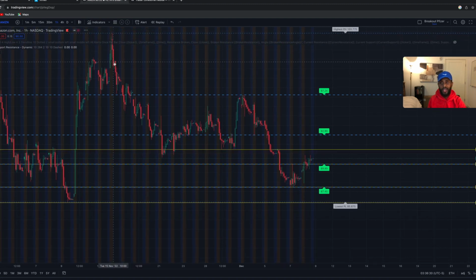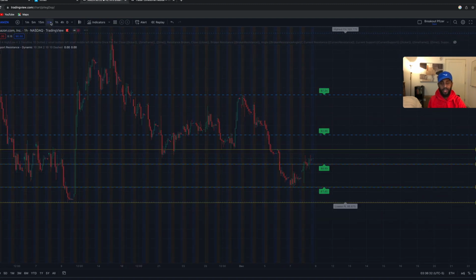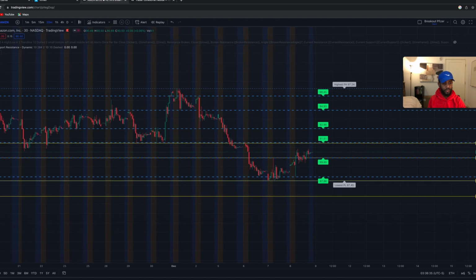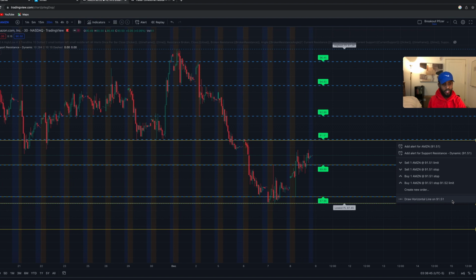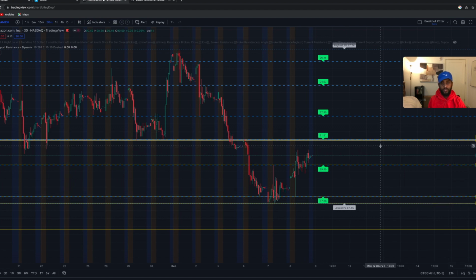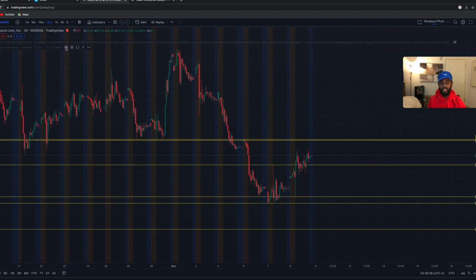And the lowest that I like to go to is my 30-minute time frame. And we'll chart some levels here. So now we pretty much got all the levels within this price range. And then we can turn that off. So these are some very important levels for Amazon going into the trading day.